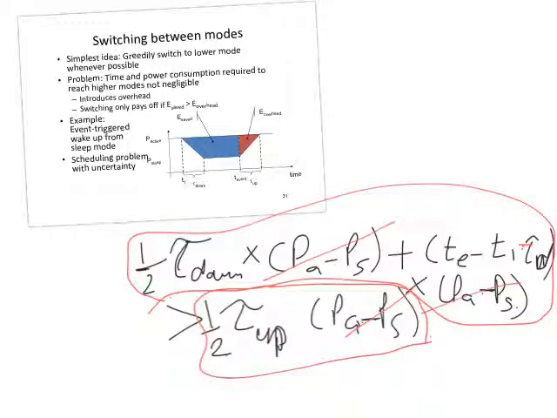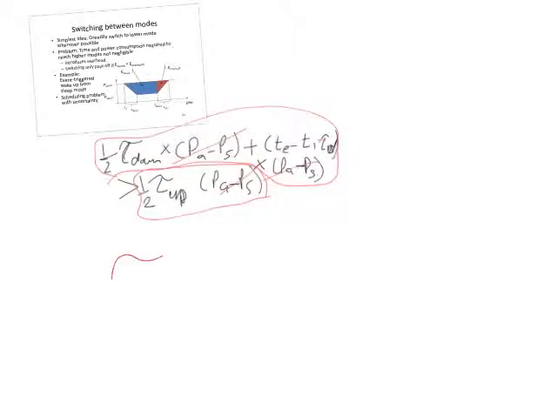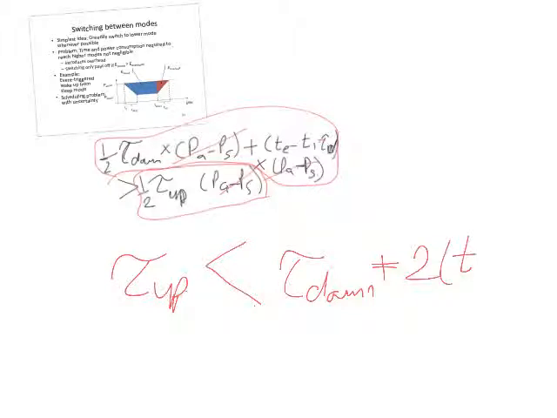Okay, so that's an easy criterion based on which we say that tau up needs to be less than, of course, half here and half here, so tau down plus 2 times (T event minus T1 minus tau down).